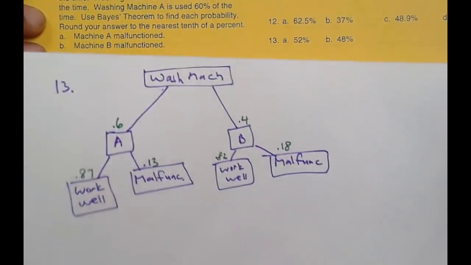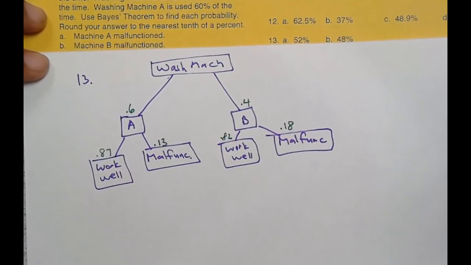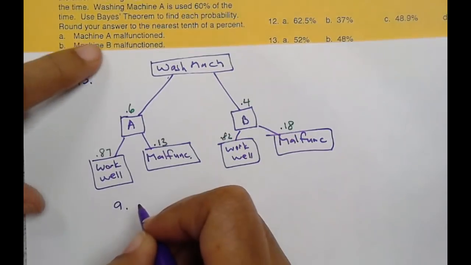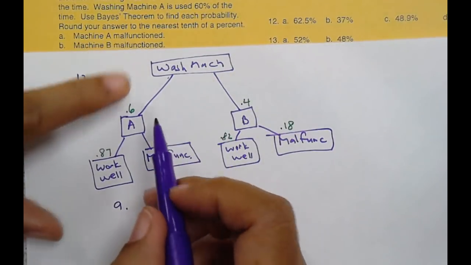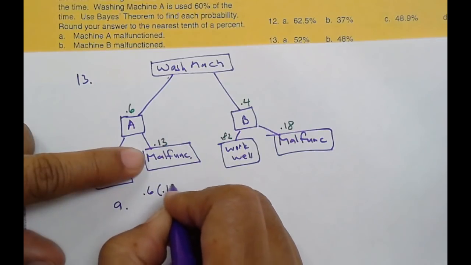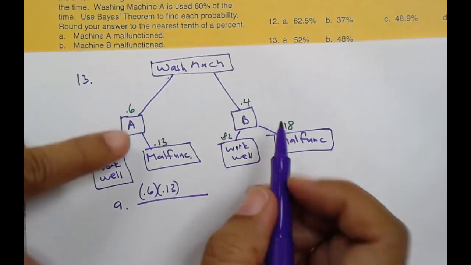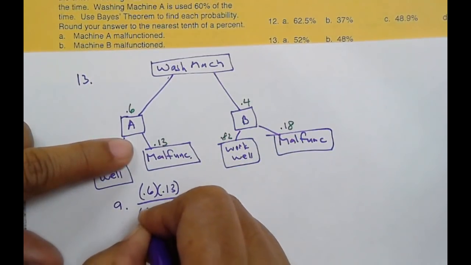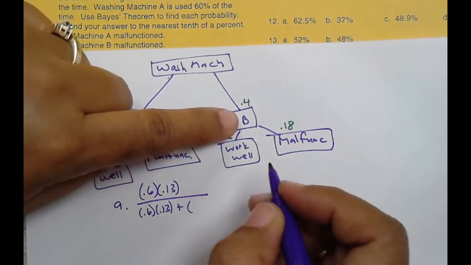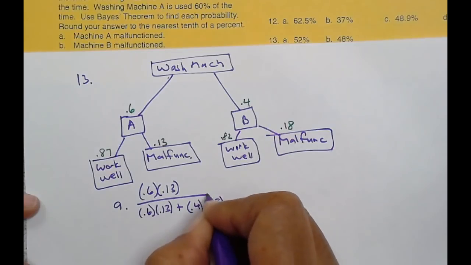So we're finding the answer to the nearest tenth of a percent again. So let's look at part A, that machine A malfunctioned. So here's machine A malfunctioning. So it's 0.6 times 0.13 divided by just malfunctioning in general, both malfunctions. So we're going to still use the 0.6 times 0.13, that's using machine A, but we have to add to that machine B malfunctioning, 0.4 times 0.18.